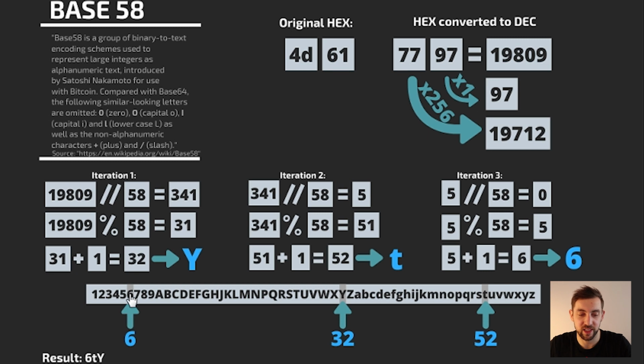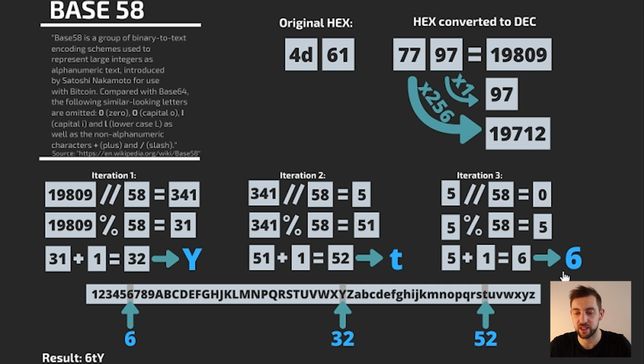Let's look at the sixth letter, sixth number. It's 6. If we start from 0, let's take the 5th index, and it's also 6. So the result is YT6, but in terms of base 58, we have to reverse it.